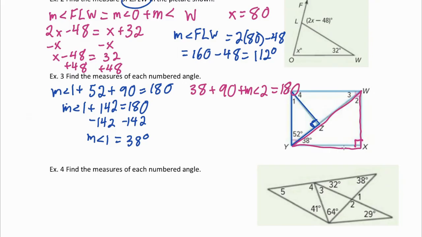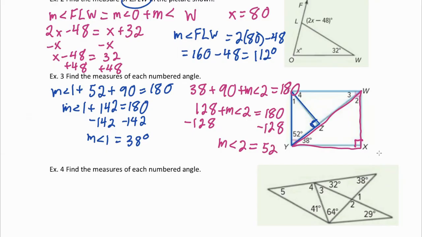So 38 plus 90 is 128. And then we'd subtract 128 from both sides. So we'd get that the measure of angle 2 is equal to 52. Alrighty, so we're good there.